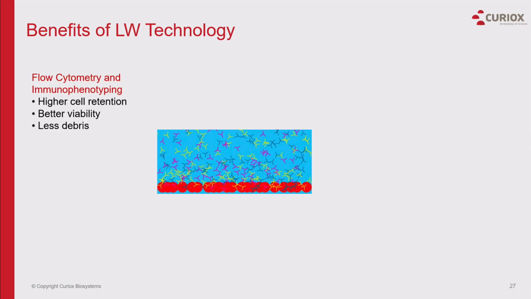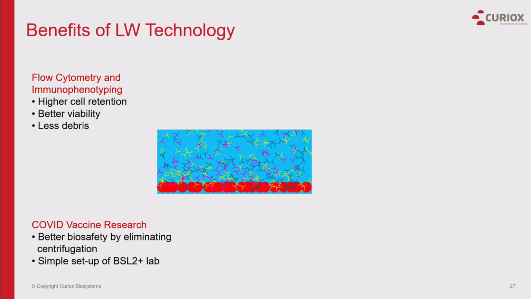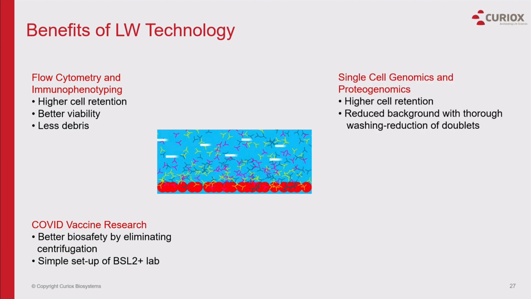technology. We've talked today about flow cytometry and immunophenotyping. I've shown you how we've had higher cell retention, better viability, less debris. I showed you with infectious disease and vaccine results that we've got improved biosafety because we've not only eliminated the centrifugation step, but we can put the washing and the instrument itself, those steps, in a biosafety containment hood, thus decreasing the aerosolization potential.